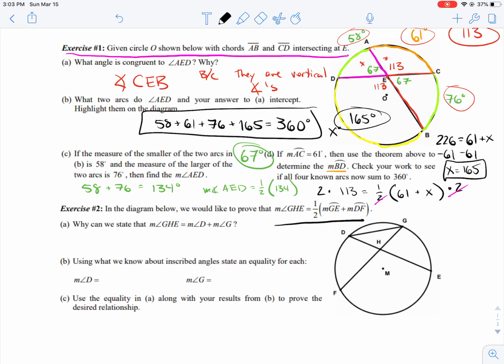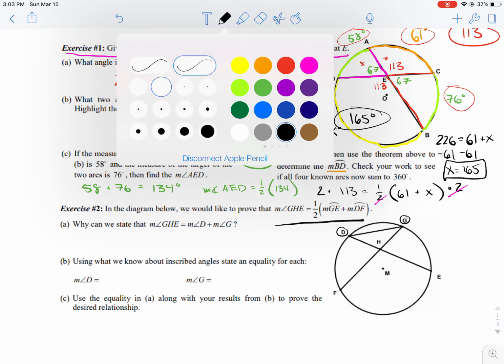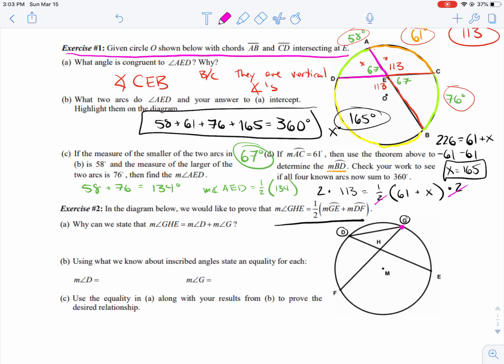Let's talk about these two angles right here. It says, why can we state that the measure of GHE is equal to the measure of angle D plus the measure of angle G?